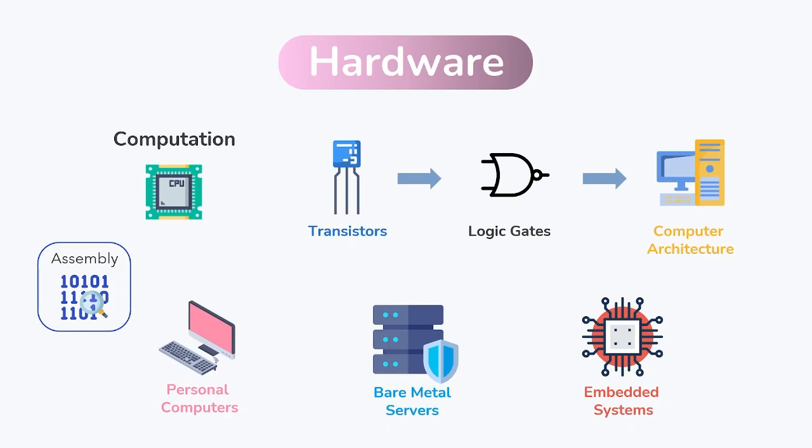So we use assembly. Assembly is a layer between us and the ones and zeros. It's like a language that makes it easier for us humans to interact with binary data. Ones and zeros are called binary data. So this is the bridge between the hardware and software. It's assembly. So let's get through to software.